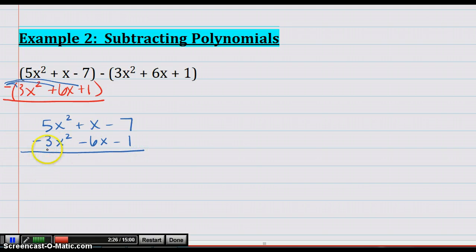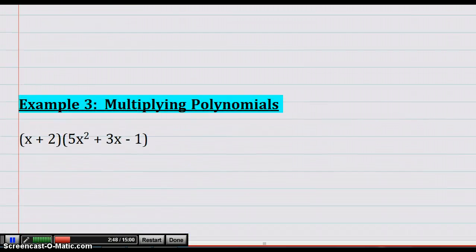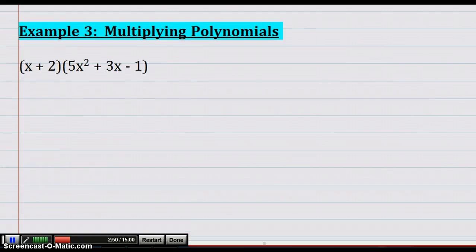And now just add these two lines. So 5 minus 3, or 5 plus a negative 3, same thing, gives 2x squared. The 1 minus the 6 gives us minus 5x, and the negative 7 minus 1 gives us minus 8. And there you've subtracted those two polynomials. That's your final answer. Let's move on to multiplication.